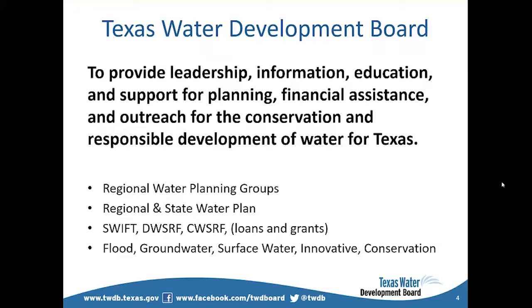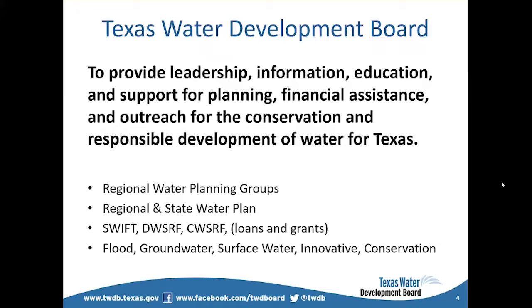We also provide a lot of financial assistance to water and wastewater utilities. We have federal and state programs which can provide loans and grants to those utilities. And on top of all that, we also do a lot of science and assistance in the background for the public, one of those including flood assistance.